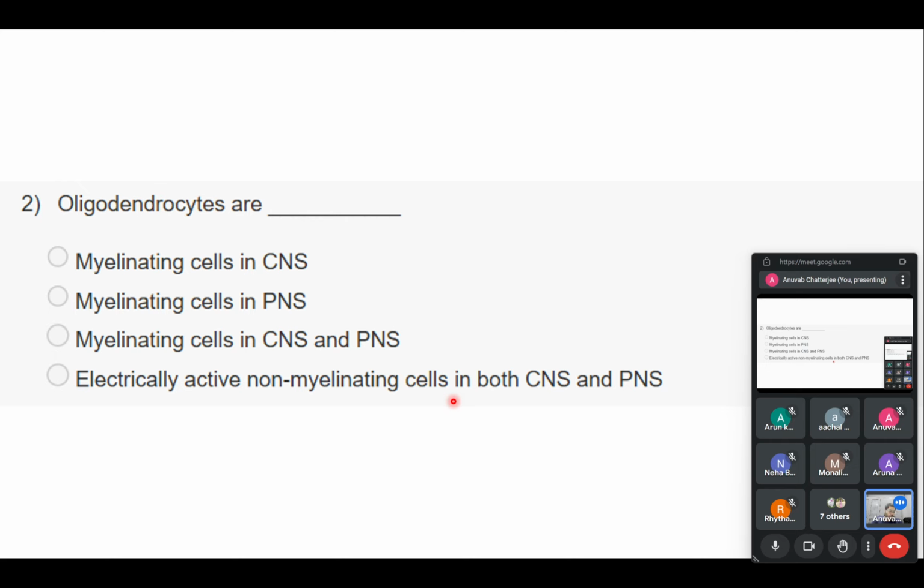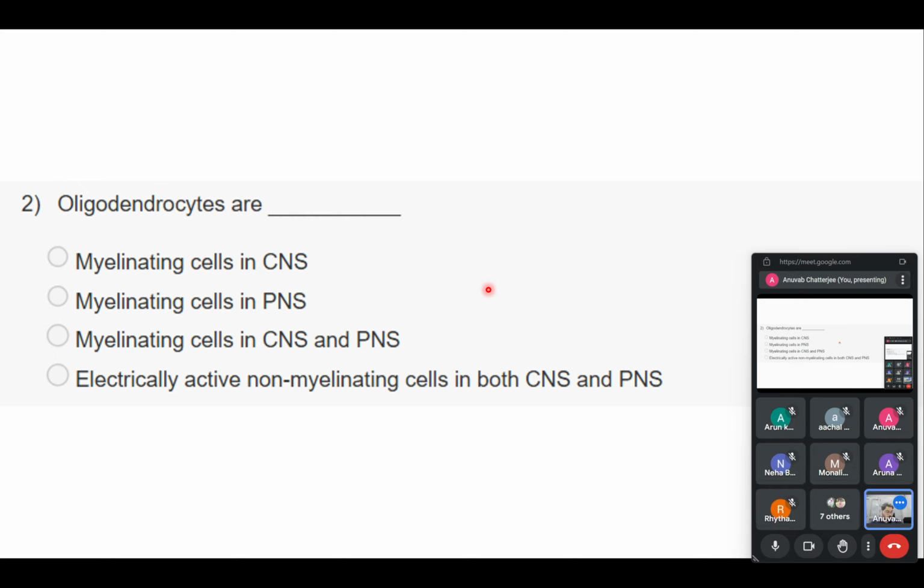So again, four options A, B, C, D. You can put whatever you think is the correct option into the chat. Dibya says it is A, myelinating cells in the CNS.